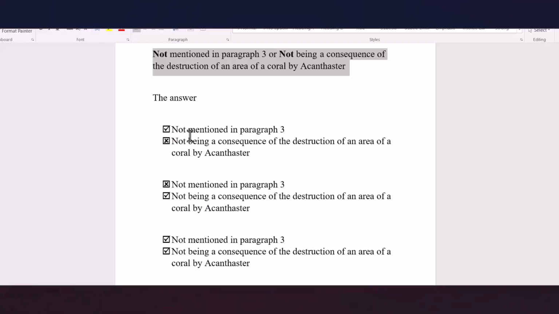For example, being a consequence of the destruction while not being mentioned in paragraph 3. The second way is not being a consequence of the destruction while mentioned in paragraph 3. This is another way that an answer can conform to this condition.